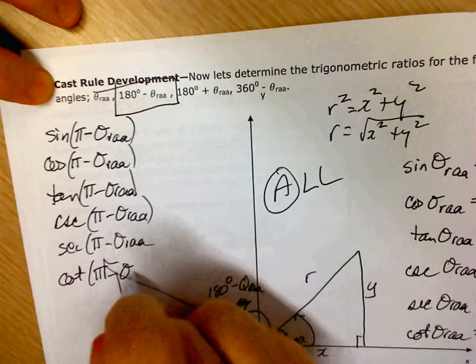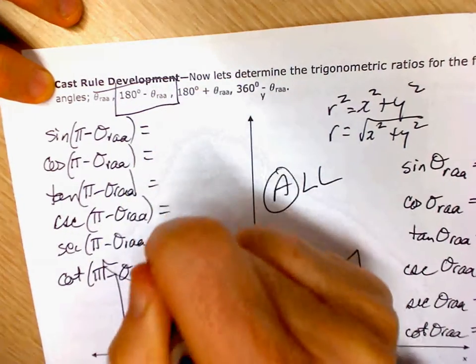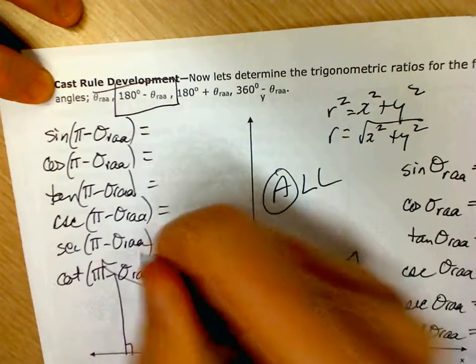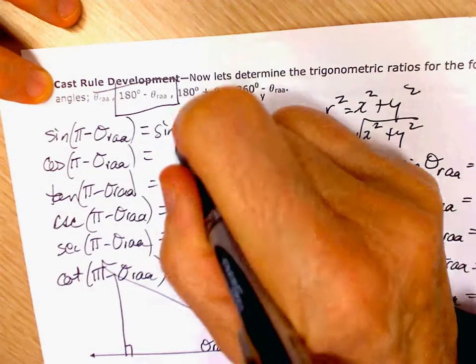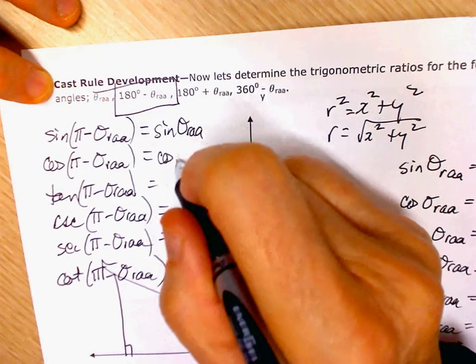Now, these are going to equal sine of theta RAA, and we'll worry about the sign of it later, right? The positive or negative value.